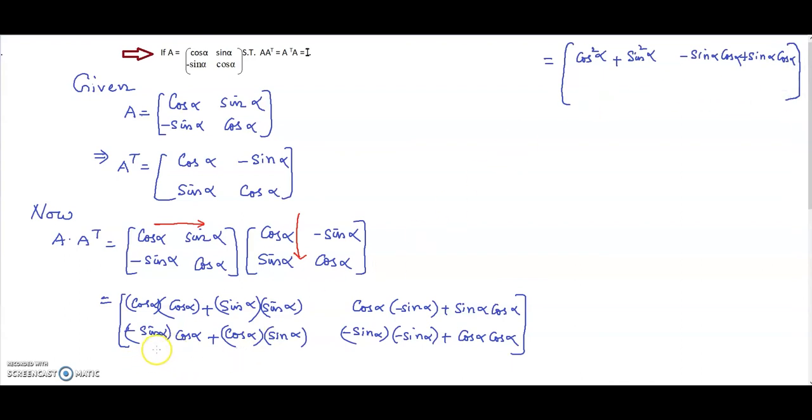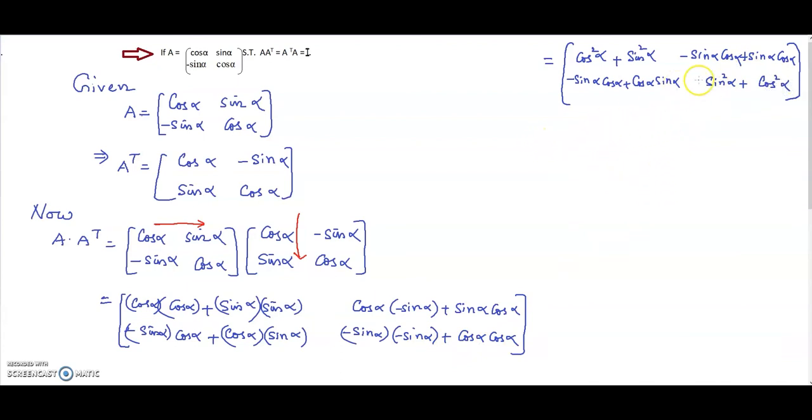Then here we have minus sin alpha cos alpha plus cos alpha sin alpha. And the last term: minus into minus becomes plus, sin into sin is sin square alpha, and cos alpha into cos alpha is cos square alpha.